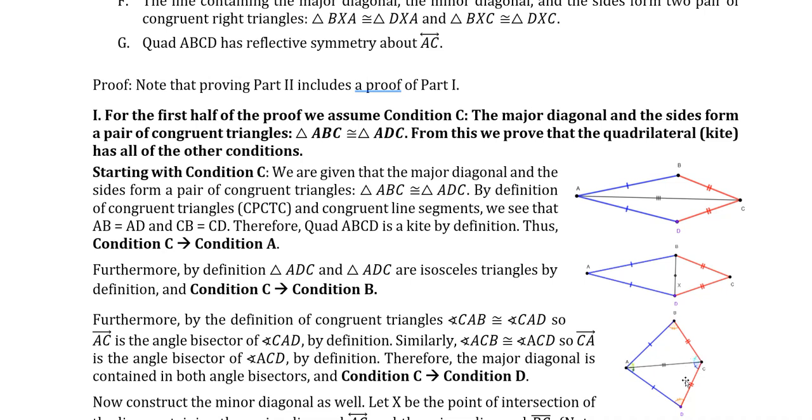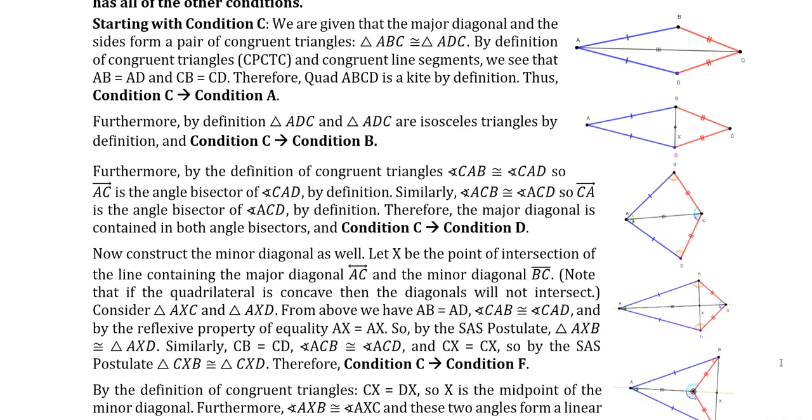Because of these two triangles being congruent, these angles here, BCA and DCA, are congruent. So we have an angle bisector at that end. And DAC, that angle is congruent to BAC. So we have angle bisectors at both ends. Therefore, condition C implies condition D.